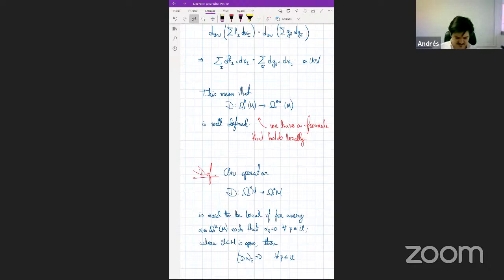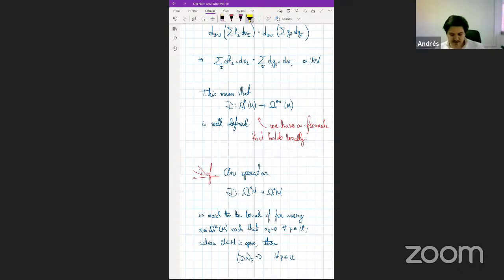So the whole idea is we are looking at local stuff, but we want an operator which is global. What we did before was only we have a global operator and I know it locally. So that's why this definition is important, and it will be important when we try to understand D globally.